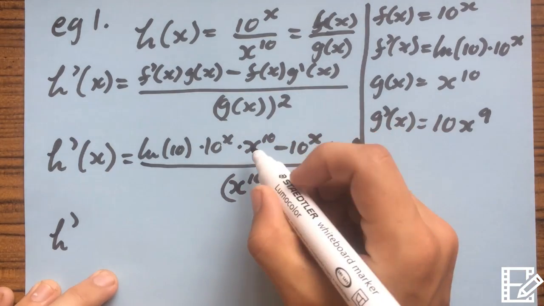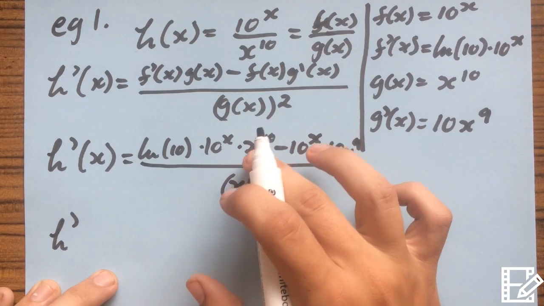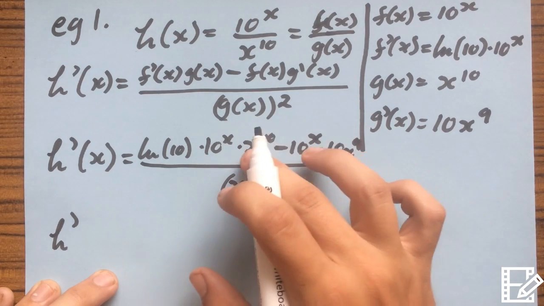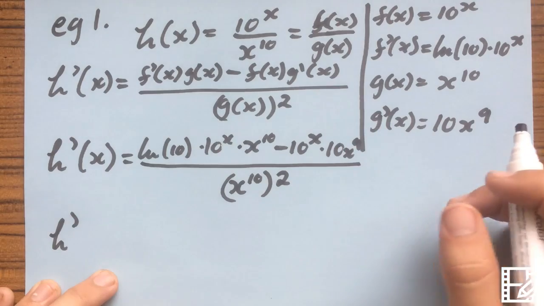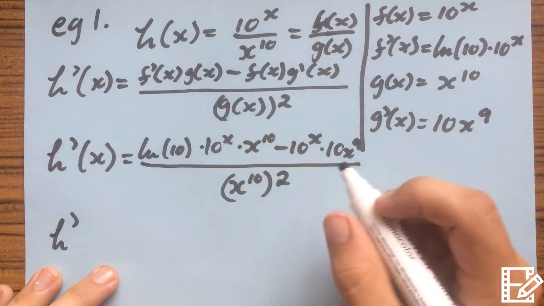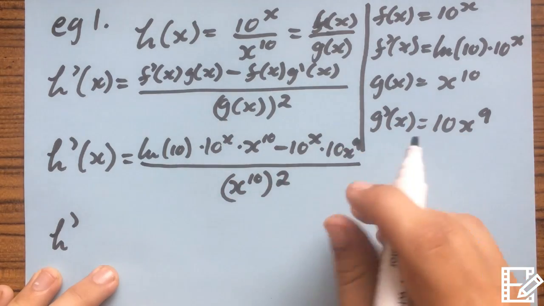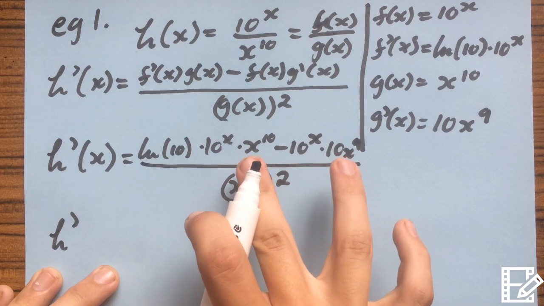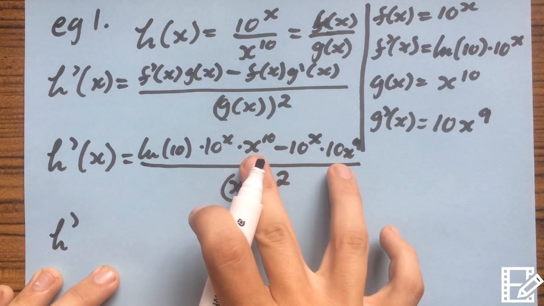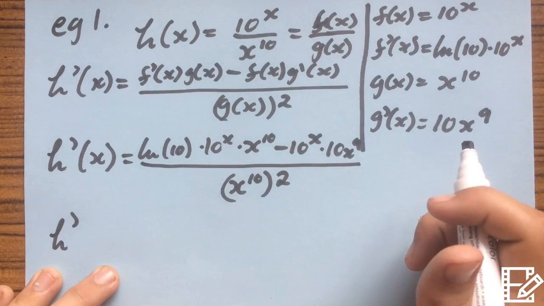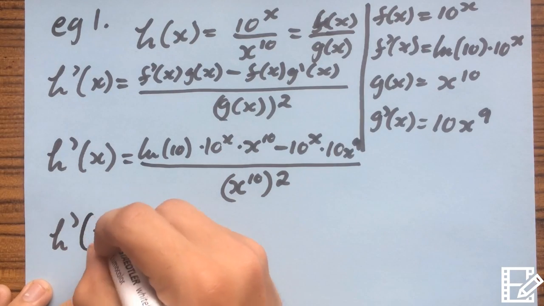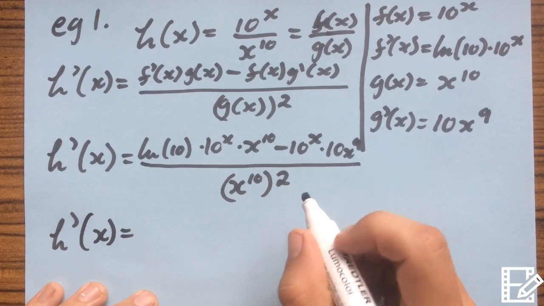First we'll try and factor out the 10 to the power of x, and x to the power of 9, because we have an x to the power of 9 in both of these. I'll write it out and I'll stop speaking gibberish and hopefully it'll make sense.